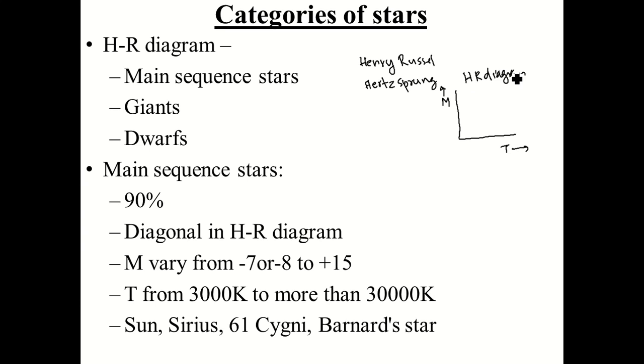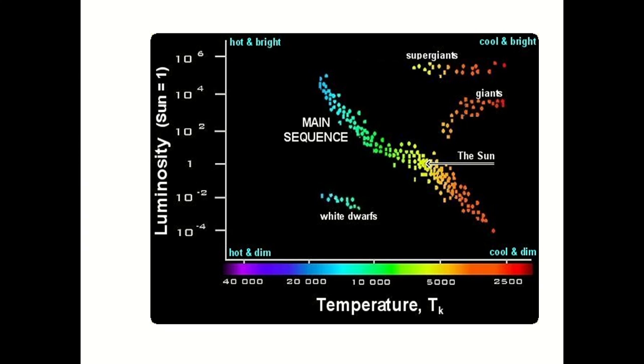Depending on the position of a star in the HR diagram, we can classify the stars into three categories: the main sequence stars, giants, and dwarfs. Here you can see the HR diagram.